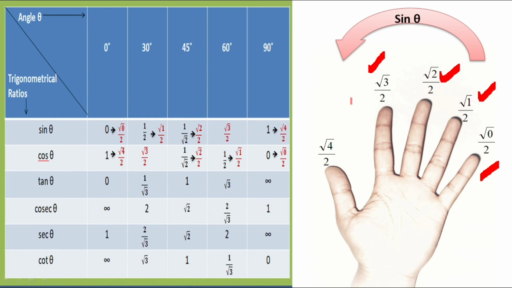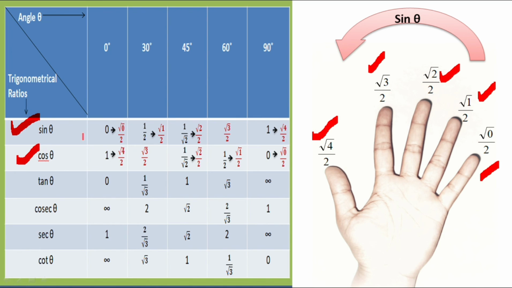Index finger represents root 3 by 2, and thumb represents root 4 by 2. So we will remember the sine values in this way. Look, baby finger represents sin 0 degree, ring finger represents sin 30 degree, middle finger represents sin 45 degree, index finger represents sin 60 degree, thumb represents sin 90 degree.